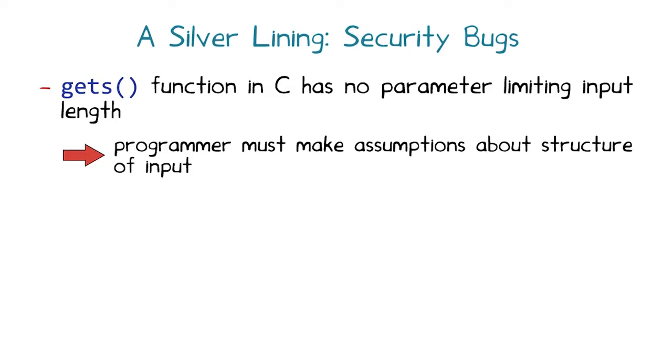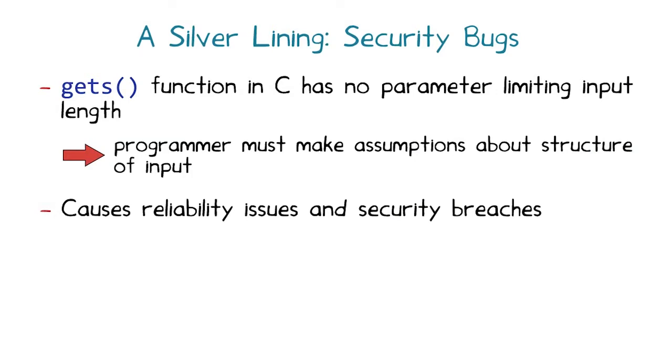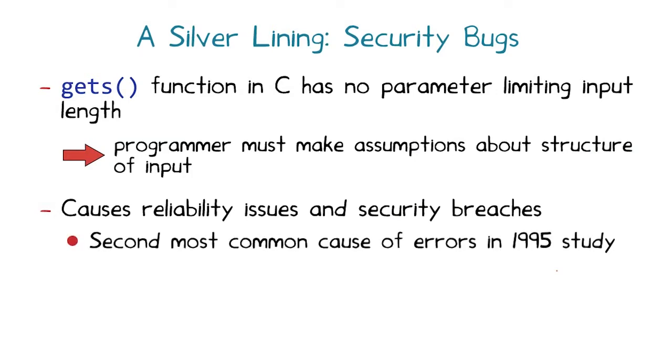Because C doesn't check array bounds, it becomes easy to trigger a buffer overflow by entering a large amount of data into the input. This can affect software reliability and security. In fact, in the 1995 fuzzing study, it was the second most common cause of crashes of the Unix utility programs.